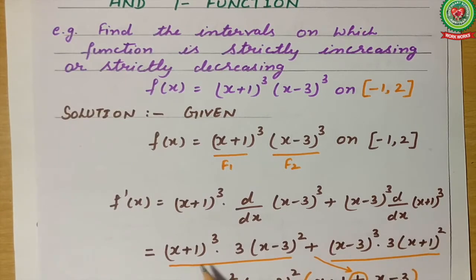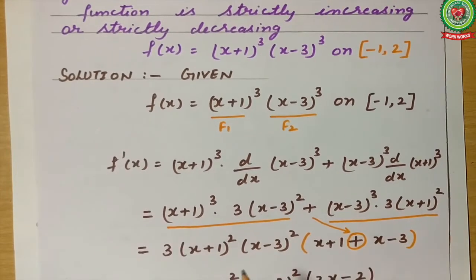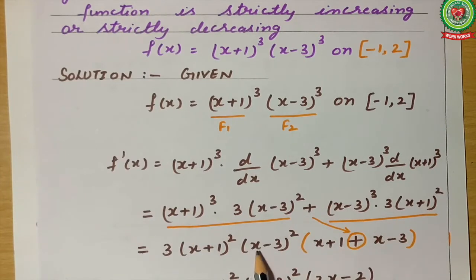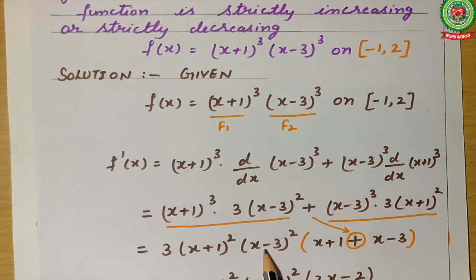Now we will take the common factor. In these two terms, 3 is a common factor, and (x plus 1) whole power 2 and (x minus 3) whole power 2 are the common factors. Now what is left over? (x plus 1), because the power 3 is there and power 2 is common. So x plus 1 is there. And (x minus 3), same case, the power 3 is here and we have already taken the power 2 outside.